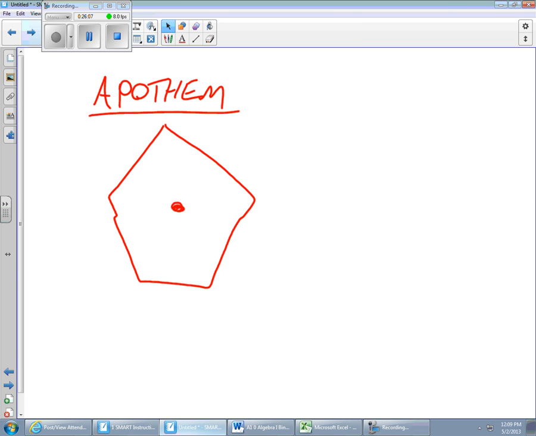But an apothem, basically the definition for it is the shortest distance from the center point over to the side. And that will happen in such a way that that is perpendicular. That is the shortest distance between the center point and the side. So that's your structure right there. That's an apothem.